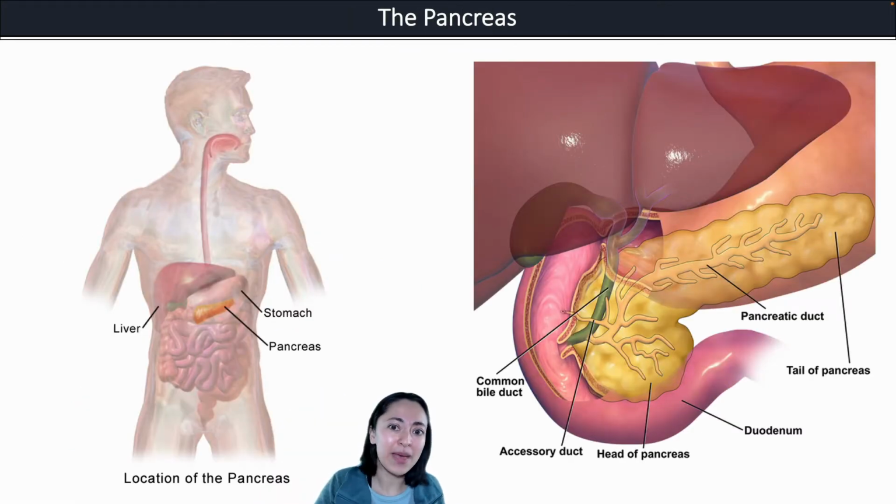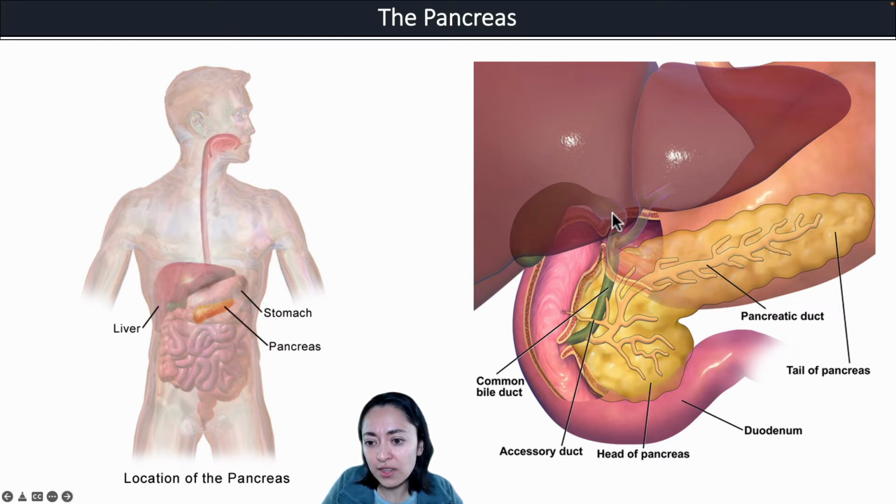Now that brings us to the pancreas. The pancreas is located right below your stomach, and it's located right by the beginning of your small intestine. So here you can see the stomach here on the right. Here's the liver. Here's the gallbladder.